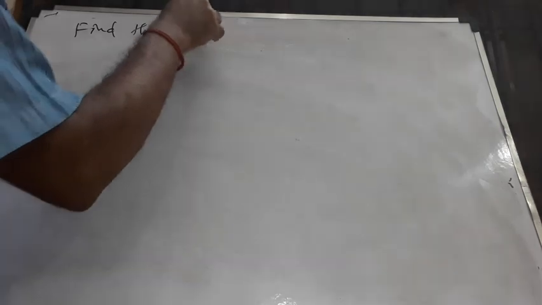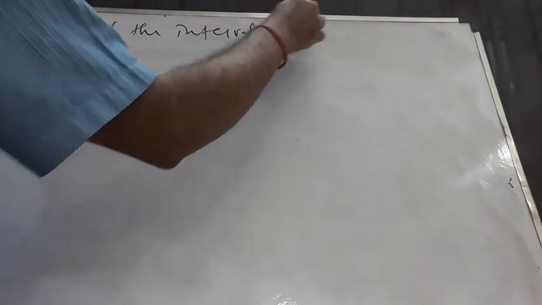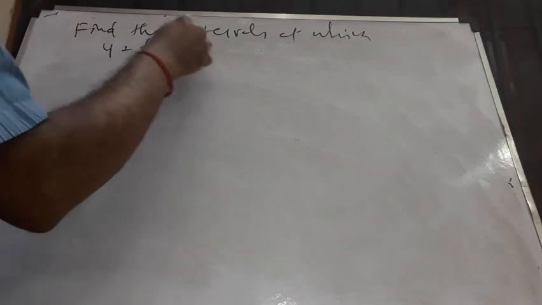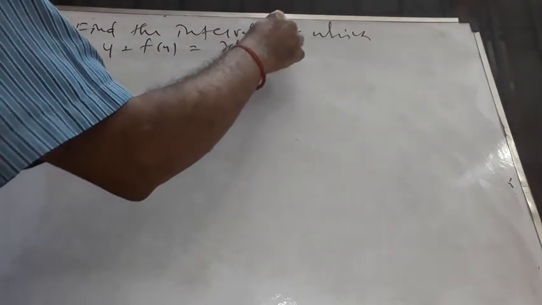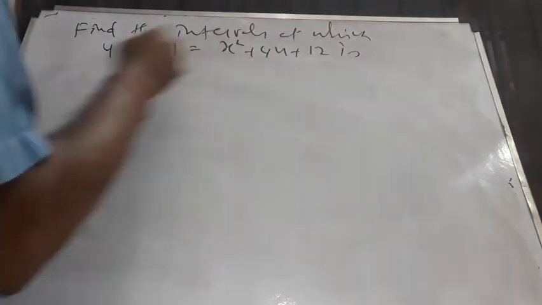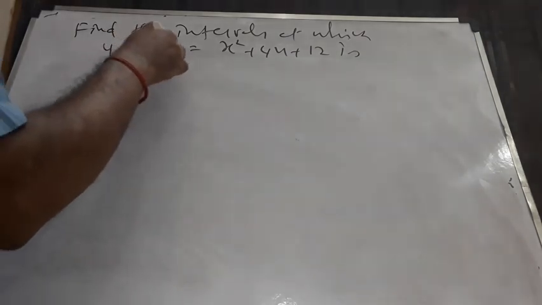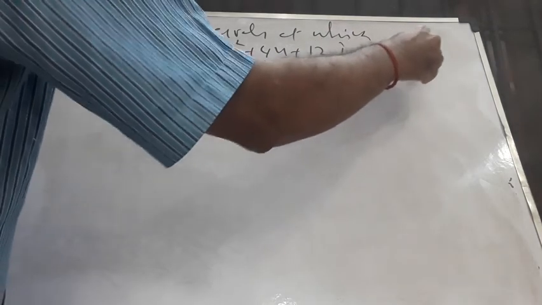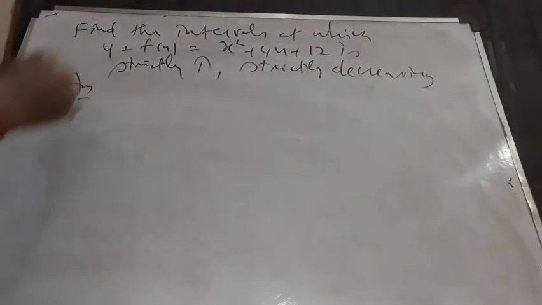Okay, next, there is one more problem. Find the intervals at which y equal to f of x equal to x square plus 4x plus 12 is strictly increasing, strictly decreasing. Listen carefully.